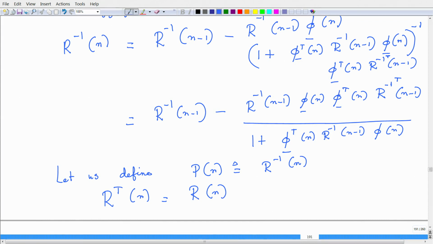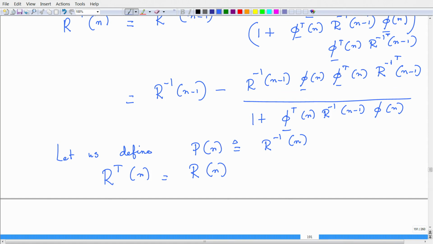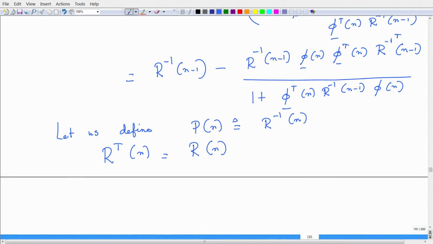So this justifies that the inverse transposed is basically P of n minus 1, right. Therefore R inverse transpose of n minus 1 is the same as R inverse of n minus 1, which is P of n minus 1. So we can write it in an easier way.